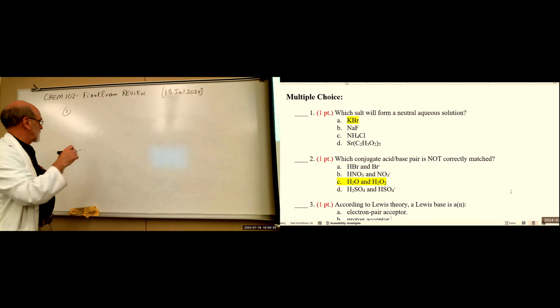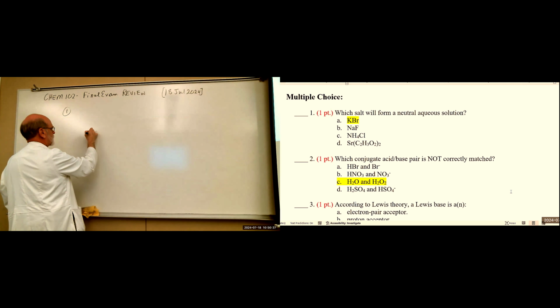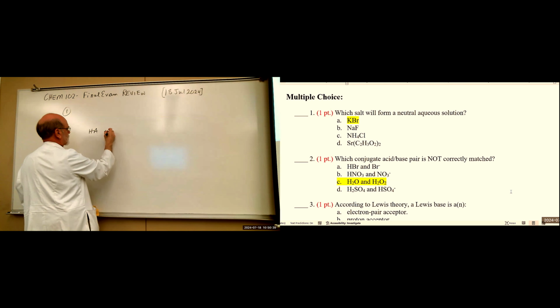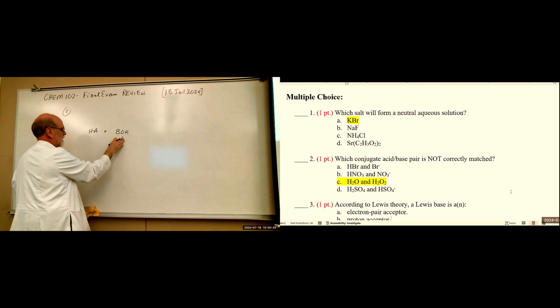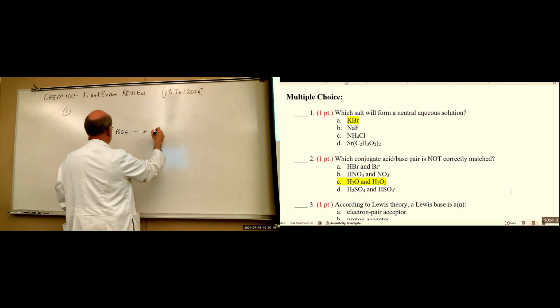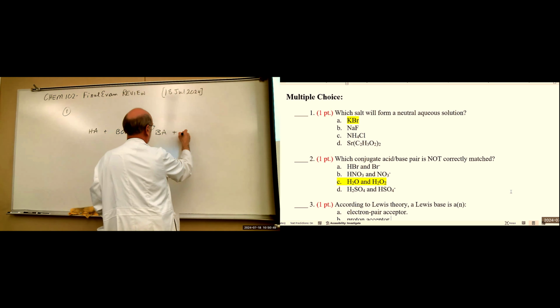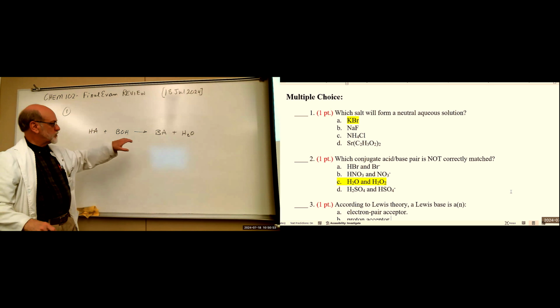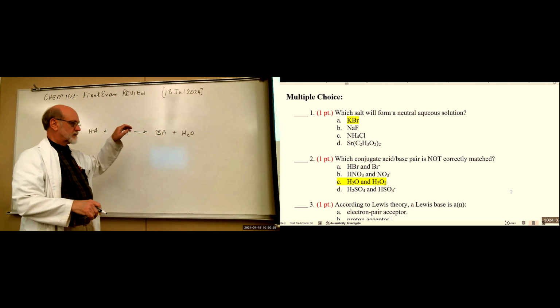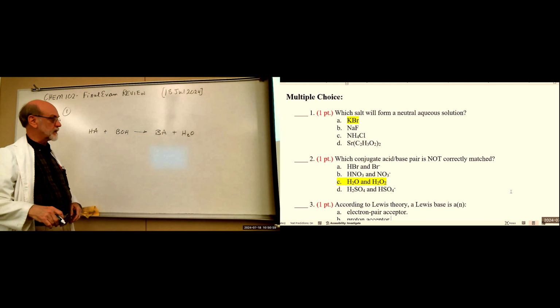If we use just a generic acid and base, they form a salt, with a cation first, and water. So if you just put this into solution, what's the pH going to be? Is it going to be acid, neutral, or basic?